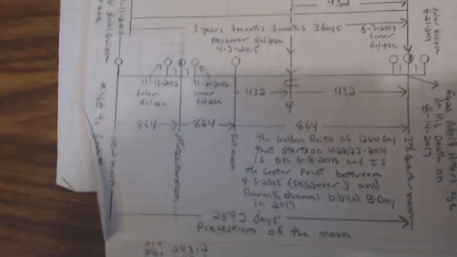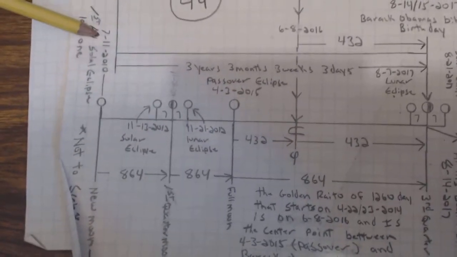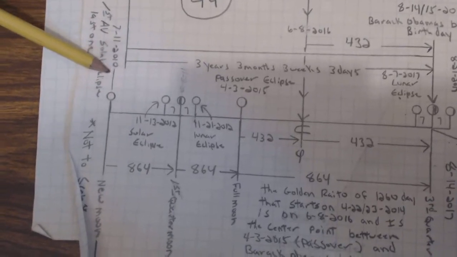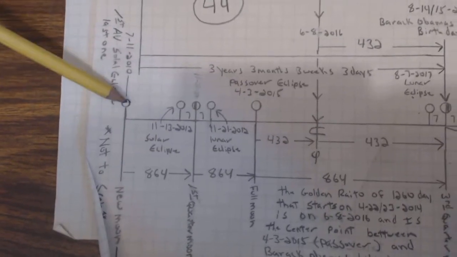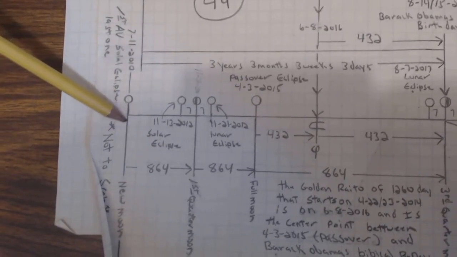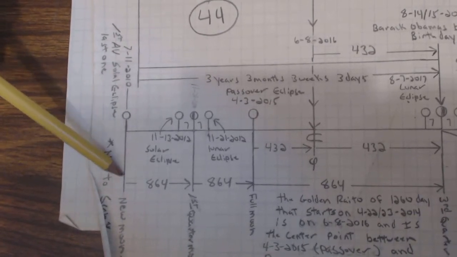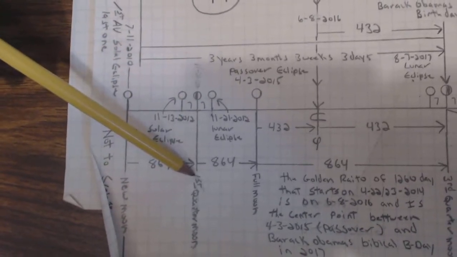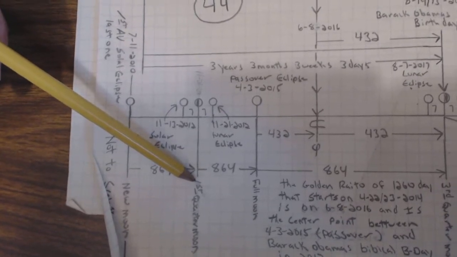This is one chart I've shown before: the 7/11/2010 eclipse on the 1st of Av, the last of a series of three. This is a new moon on a solar eclipse. We're progressing the moon 864 days to the first quarter moon, the next phase of the moon in progression.